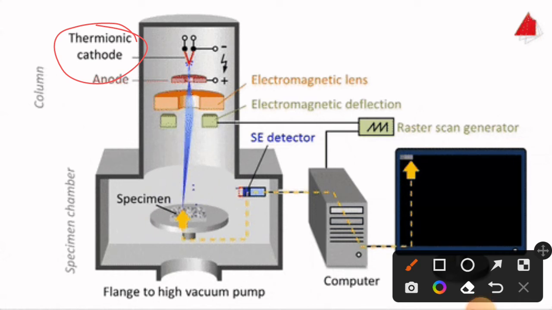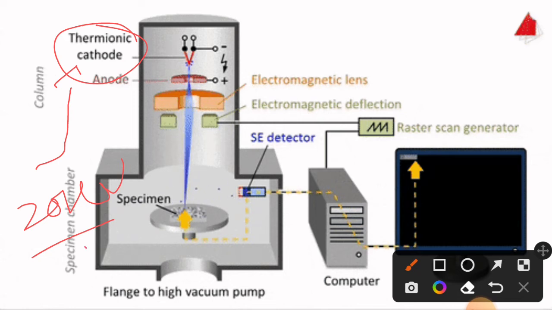Whenever you apply a high energy of 20 kilovolts, the thermionic cathode will start producing electrons. These electrons will move towards the anode, which is attached to a positively charged electrode.